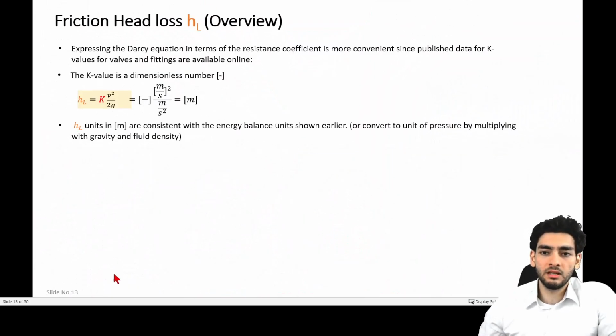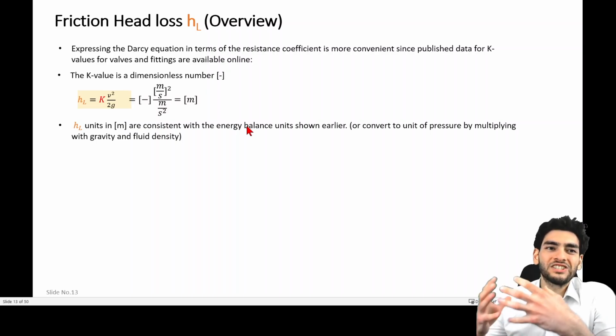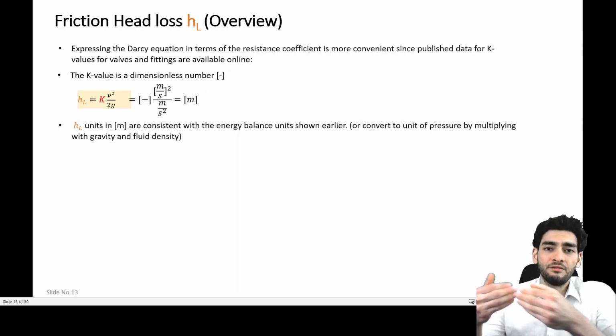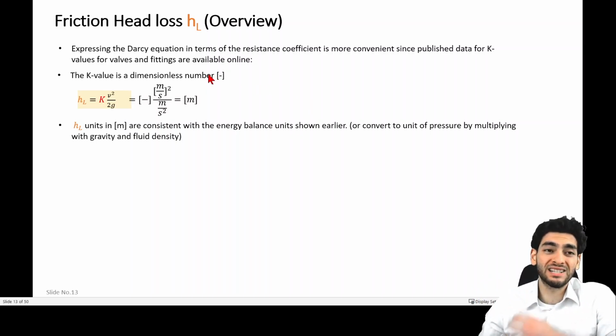So expressing the Darcy equation in terms of the resistance coefficient is more convenient because you'll find published data values for valves, fittings, and components available online based on experiments.